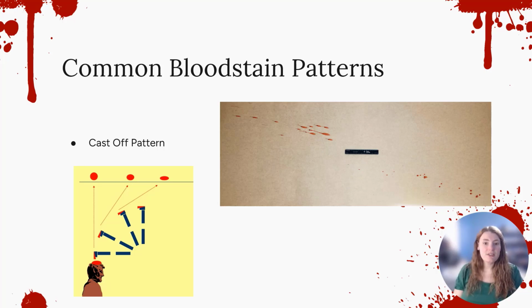Cast-off patterns can also give us a minimum number of blows that were sustained at the scene, because cast-off stains will only occur on the second blow or third, fourth, fifth, etc. So continued injuries that are followed by a weapon backswing are going to create additional cast-off stains, with one cast-off stain per backswing. So it can give us an idea about how many blows at minimum were sustained by the victim.